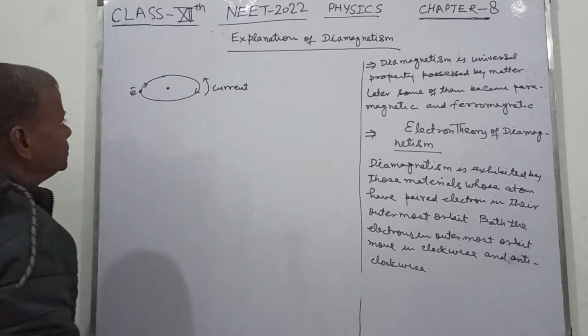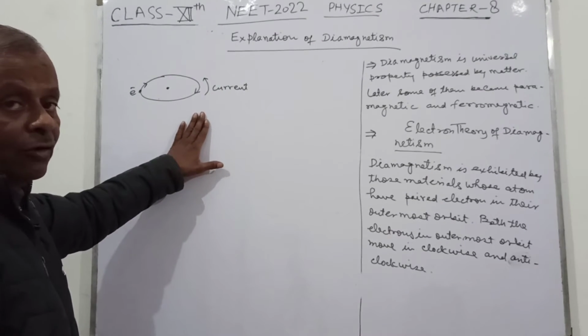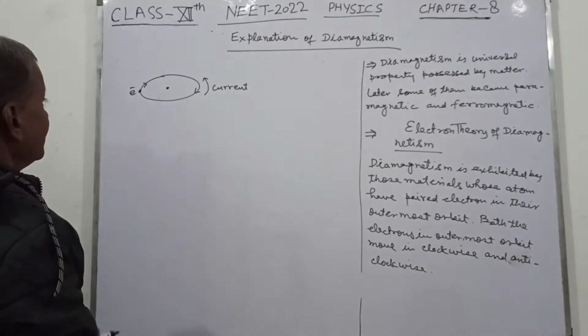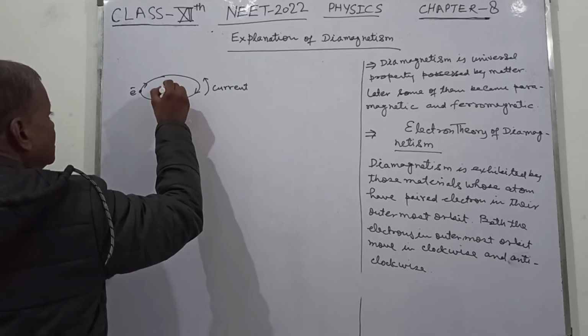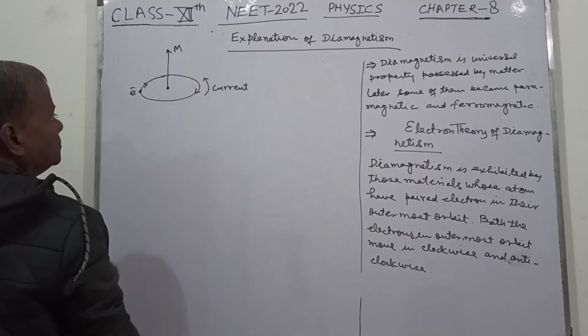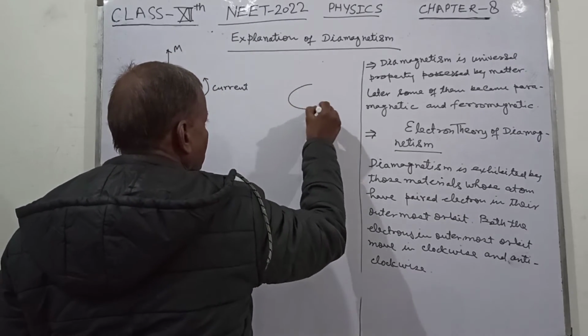It means the current will be anti-clockwise because the electron is negative charge. So it will have the magnetic moment in this direction.